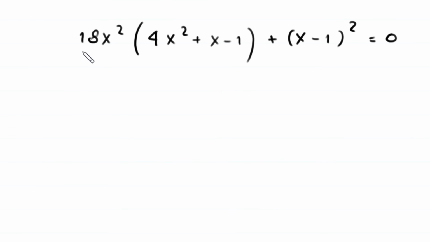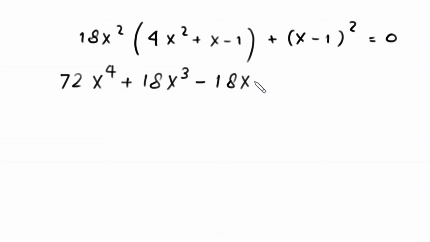Now we distribute this 18x squared. 18x squared times 4x squared will become 72 times x to the power 4, and 18x squared times plus x will become plus 18x cubed, and 18x squared times negative 1 is negative 18x squared, plus this remains the same, x minus 1 whole squared, equal to 0.